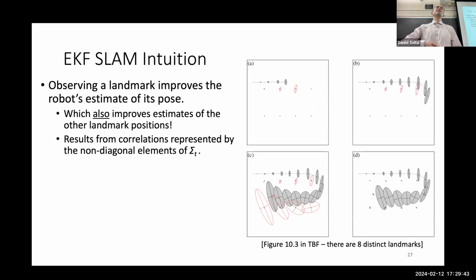Because if I see the statue that I know is somewhere, I should have a reasonable idea of where I am just by deducing the distance from me to the statue or something. So the nice thing here is that if you assume where one landmark is, it should also help with improving the estimate of the other landmark.